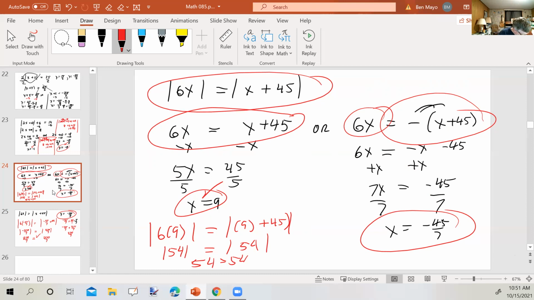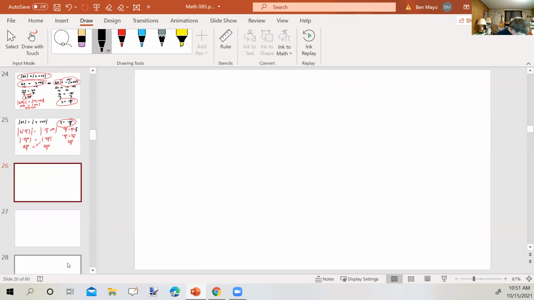Okay, let's see here. I thought I had, here we go, some with some decimals involved. So let's take a look at that. Let's say I've got the absolute value of 4x minus 24.8 equals 32.4.